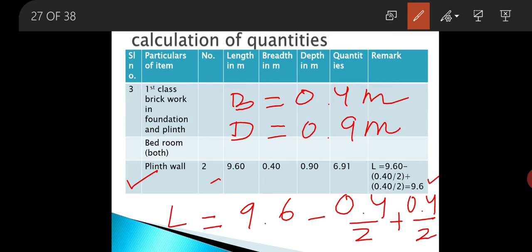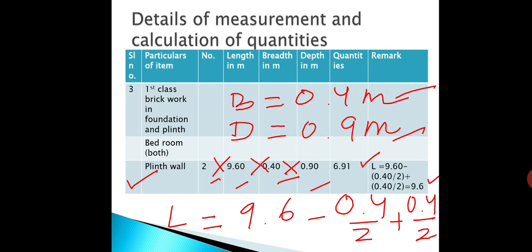So, the length remain 9.6, width is 0.4, depth is 0.9. So, by multiplying these 4, we will get the quantity as 6.91 cubic meter. Clear? So, long wall of second part is over.